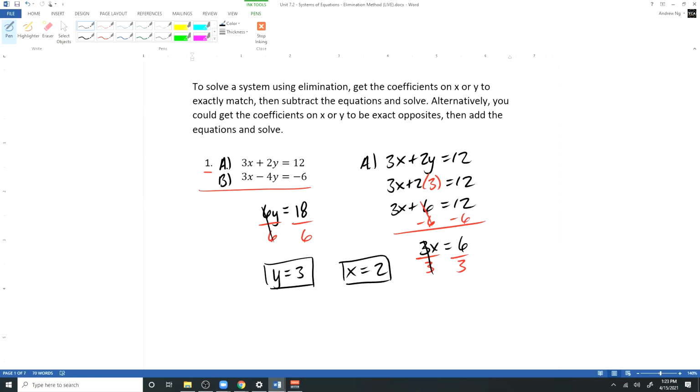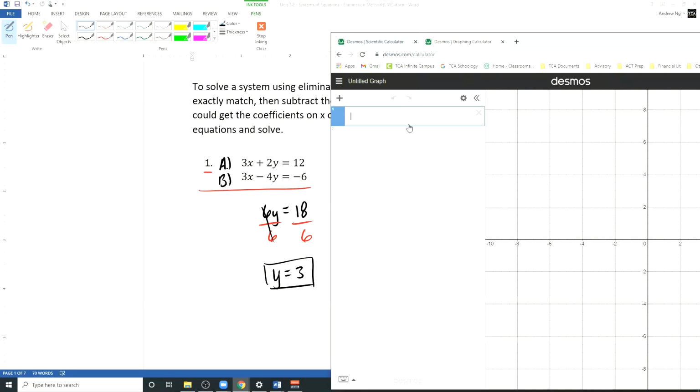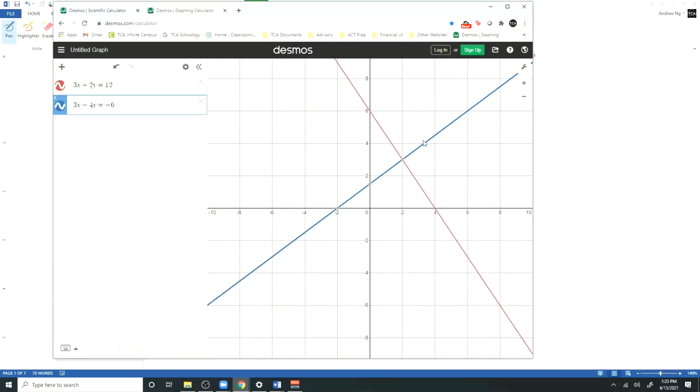And of course, just like the last section, if I want to confirm that this is the right answer, I could easily look at a graph or a graphing calculator, and I could plug these in. I could say 3x plus 2y equals 12, and 3x minus 4y equals negative 6, and they should intersect at exactly x equals 2 and y equals 3.